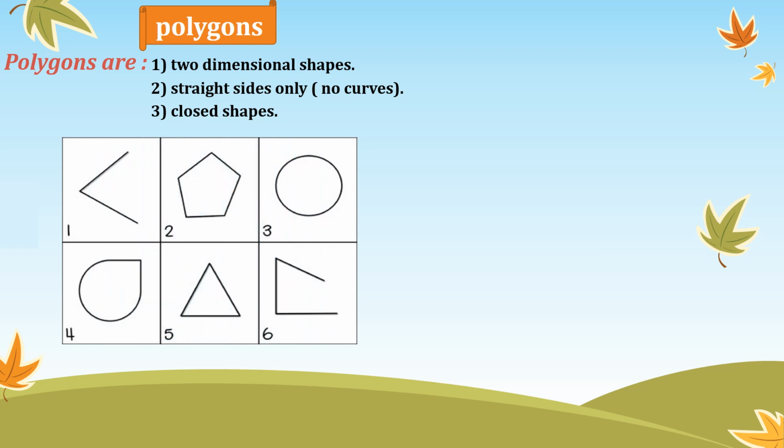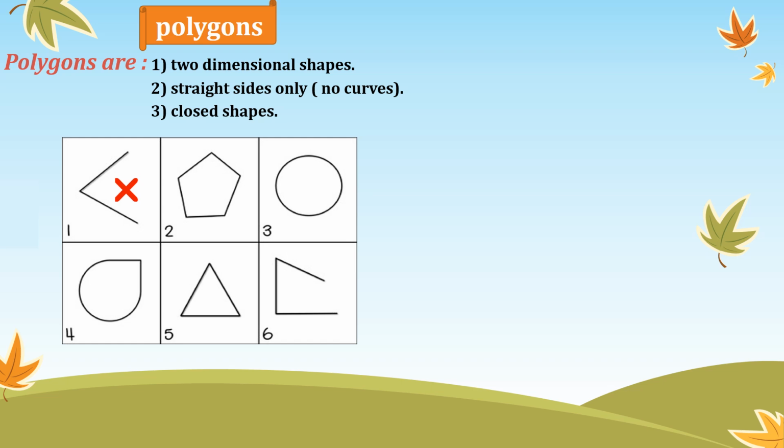Here, the first shape, is it a polygon or not? It's a two-dimensional shape. It has straight sides only and no curves, yes? But it's not closed, it's open, so it's not a polygon.